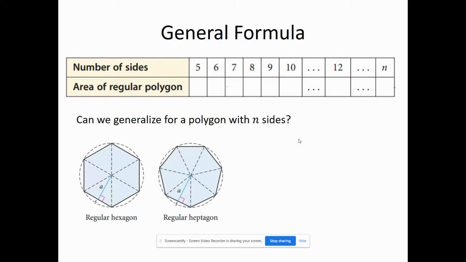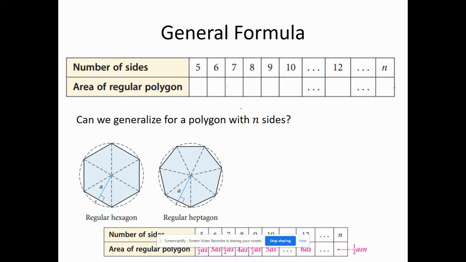Let's go on. So if we're generalizing this, the area of a polygon with n sides, like we just did before, is 1/2 times ASN, or you could just do ASN over 2. I was sort of already explaining this before.